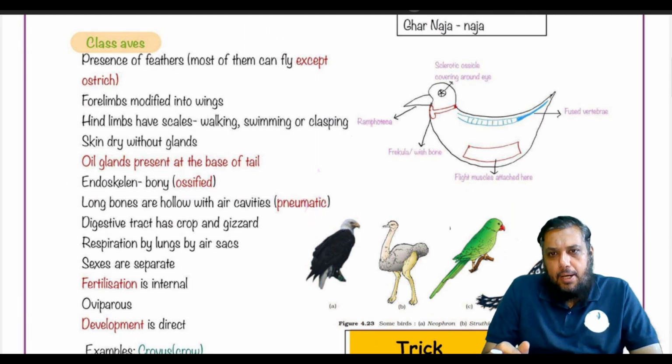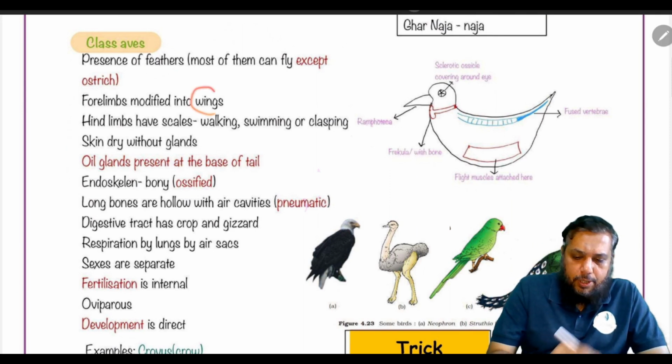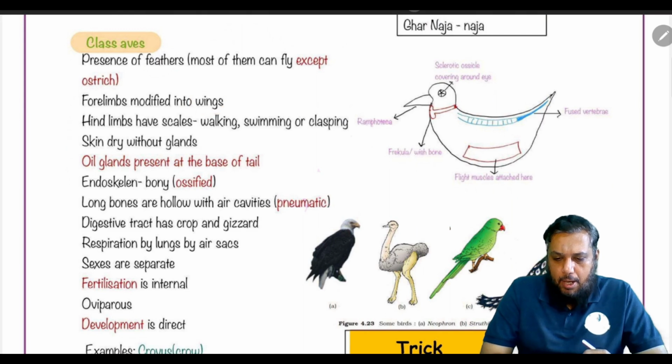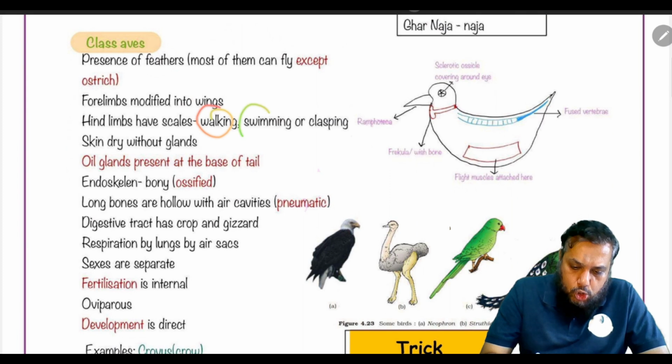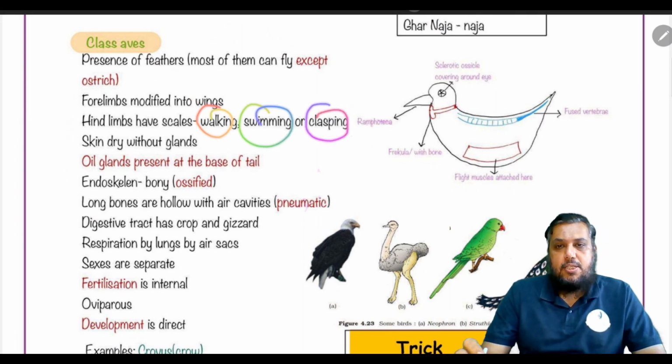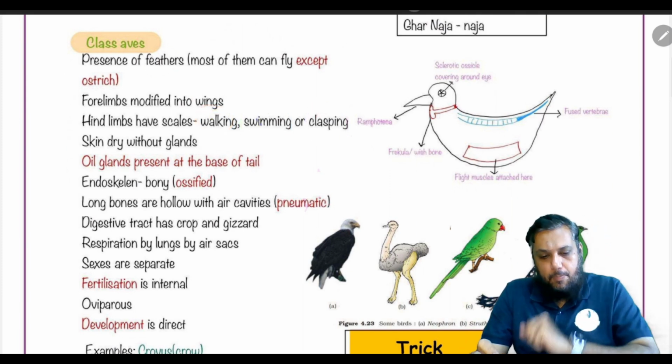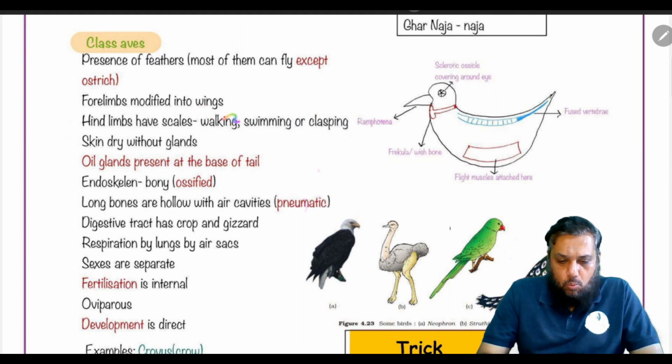In order to fly, their forelimbs, the hands, are modified into wings. Whereas their hind limbs have scales, and these help them to walk, swim, and to clasp. Clasp means to hold.